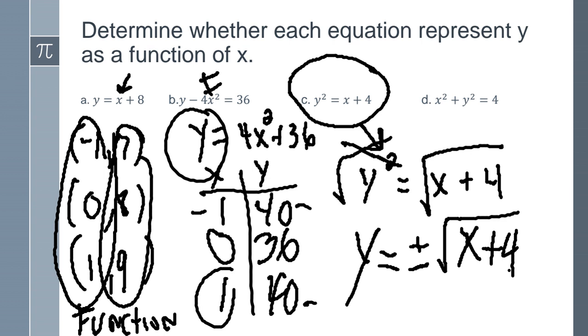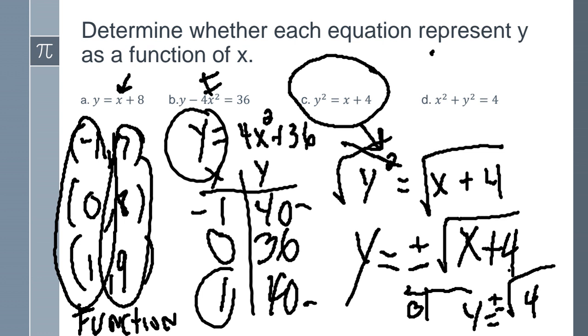So if we do the same process, let's say we want to pick some points, let's try 0. So what happens if I plug in 0 for x here? Then I would get y is equal to the square root of 4, plus or minus. What's the square root of 4? 2.